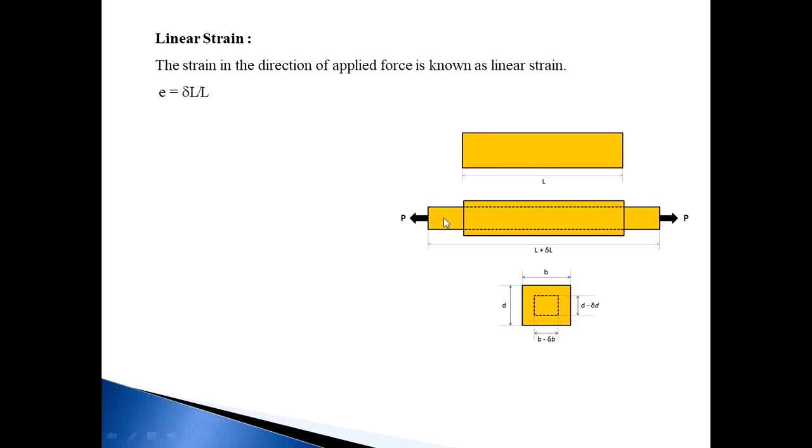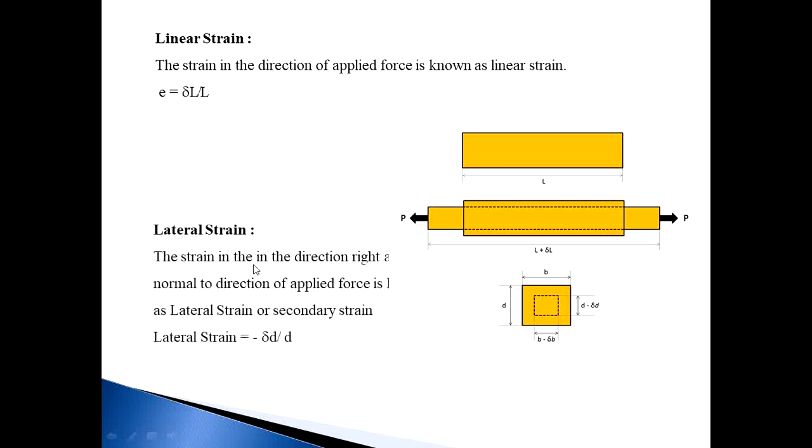When we apply the P force along the length, the length increases, and at the same time the dimensions change. Change in dimension means that the B and D values will change. When you apply a tensile force, the length increases and simultaneously the width and depth of the section decrease due to that tensile force. So this change in B and D gives the lateral strain.